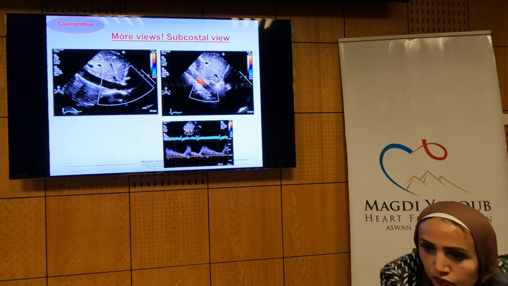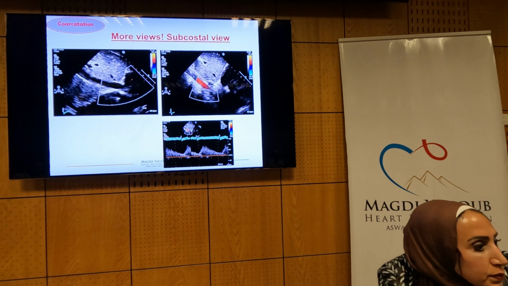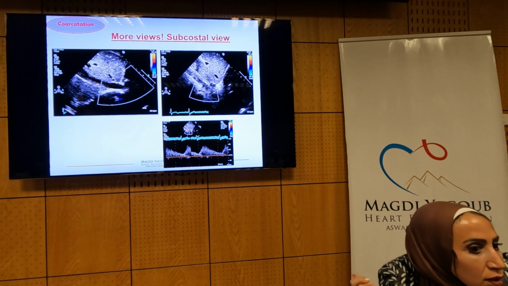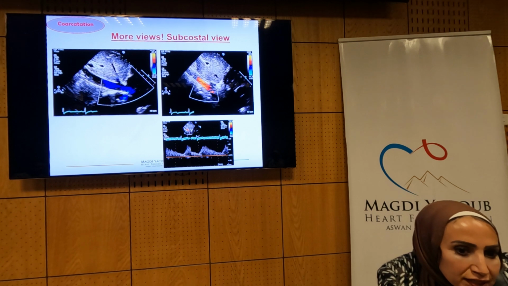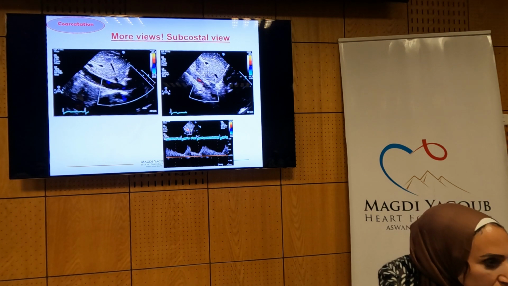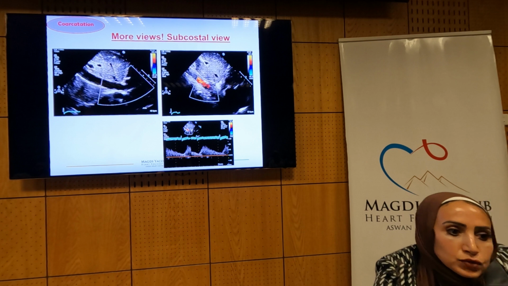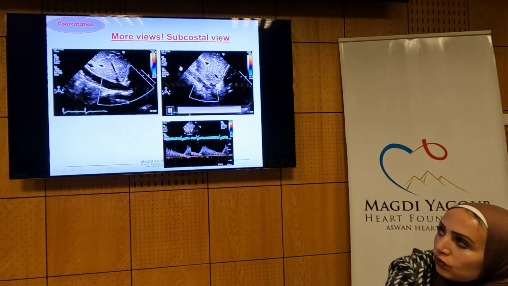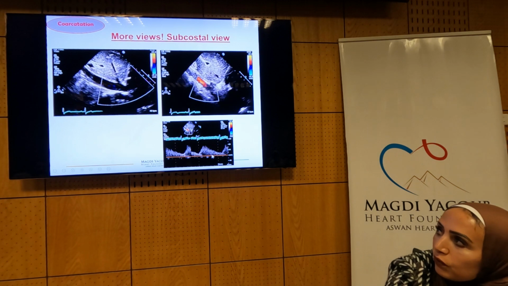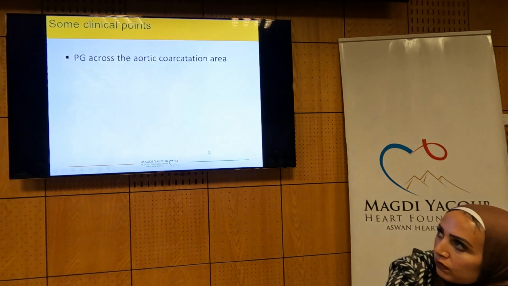They do the subcostal views and document good pulsatility of the descending aorta, and this means the presence of coarctation is very unlikely. Is that okay? So you have the suprasternal view in longitudinal section, and you have this subcostal view with diminished flow.